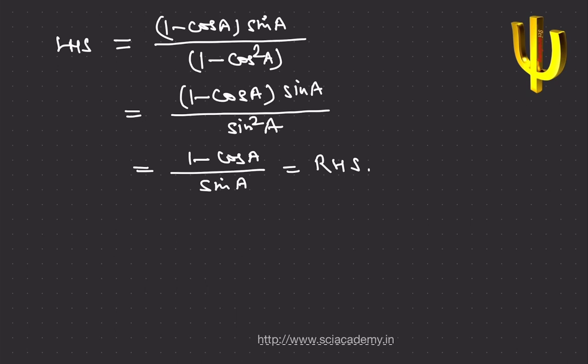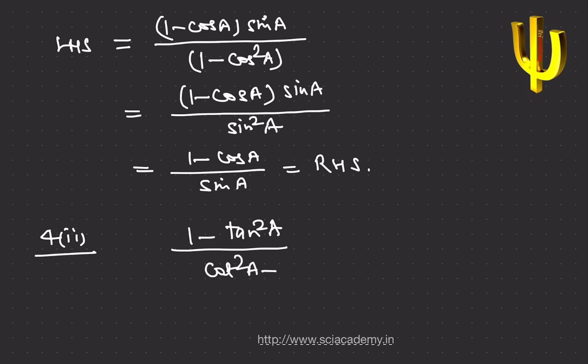Now question number 4 2. So we have to prove that 1 minus tan square A divided by cot square A minus 1 equals tan square A. So how can we solve this? So let's see. Proof. So proof can be done like this.